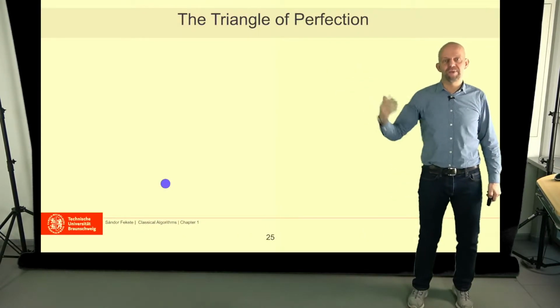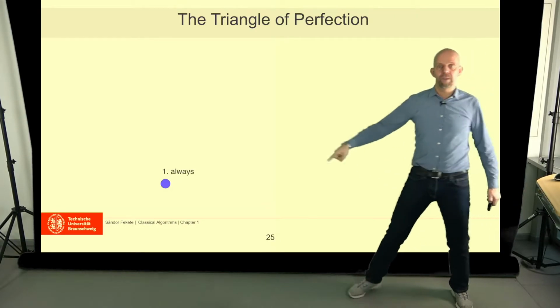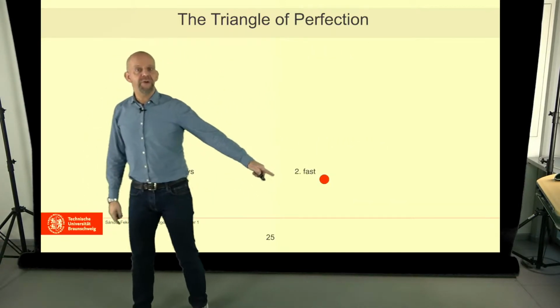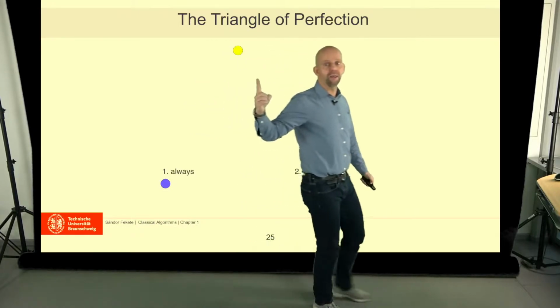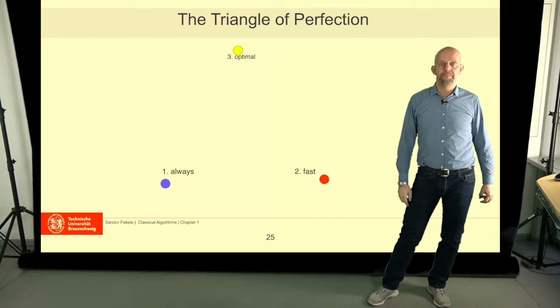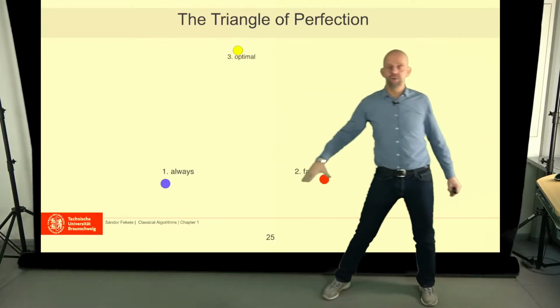Let me just turn that into a 2-dimensional graphic. So we have these 3 properties: the reliability, always, the speed, fast, and the quality, optimal. And what you want is an algorithm that combines all these 3 together.